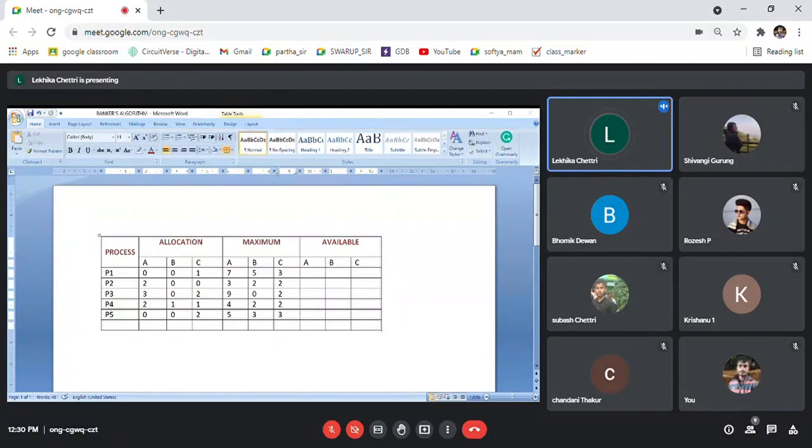Was Paint visible to you guys? No, ma'am. You guys didn't inform me. Right now only I realized that only Word was shared. The Paint was not shared, and I explained everything and finished.